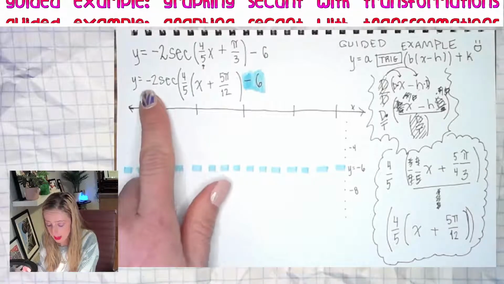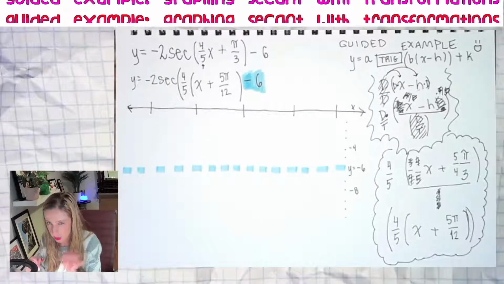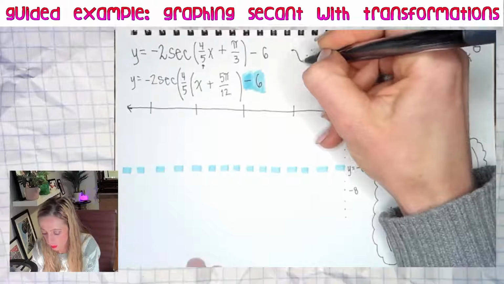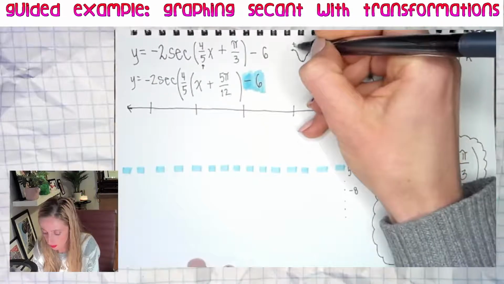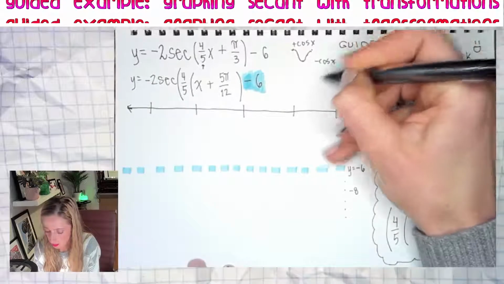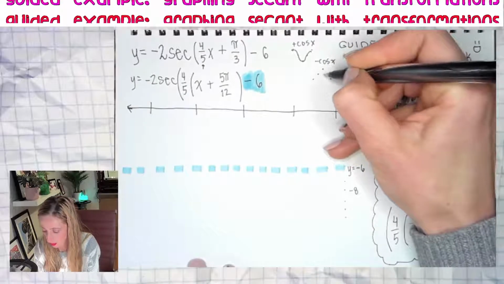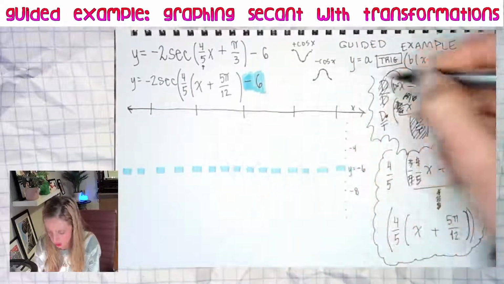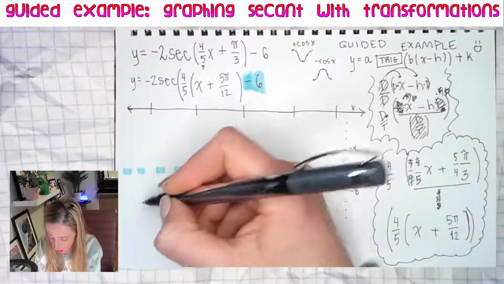So it's negative, so we're going to draw a negative cosine wave. Positive cosine wave. Positive cosine, right? Negative cosine. Looks like that, so I'm going to have that little Darth Vader look.